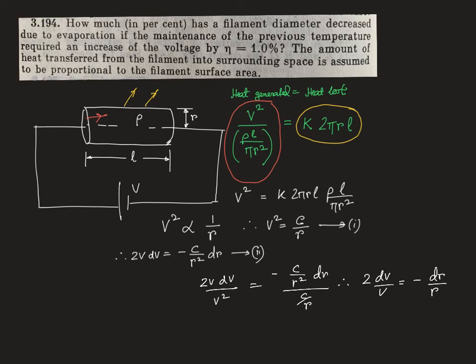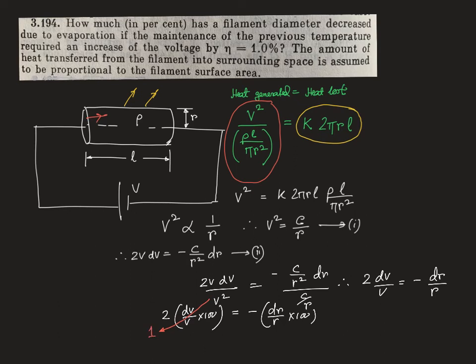So the percentage change in diameter is the same as the percentage change in radius. If you multiply by 100, dV by V into 100 is equal to minus dR by R into 100. That quantity, dV by V into 100, is given as 1.